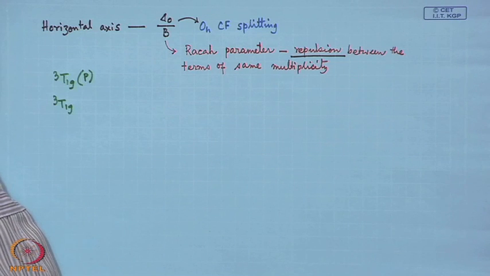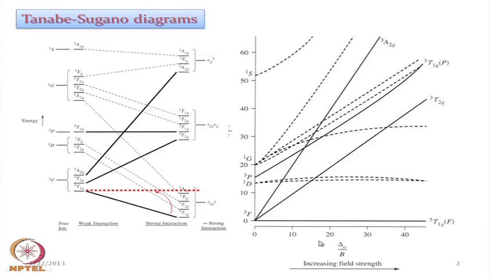This particular axis is given by Δ0/B, which accounts for the increasing field strength. If we push this 3T1G level from this black line to the dotted red line, we get this as the typical horizontal axis, which is defined as 3T1G.